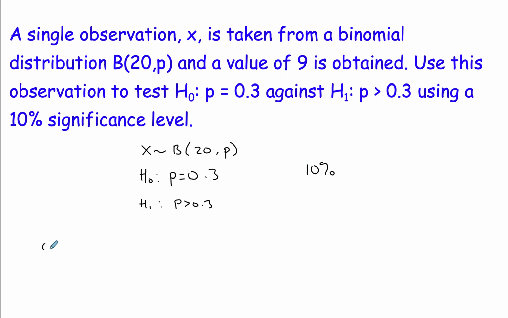So finding the critical region again. The expected value is 20 times 0.3, so that's 6. So we know we're testing values higher than 6. So let's go for 8, 9, 10, and 11.